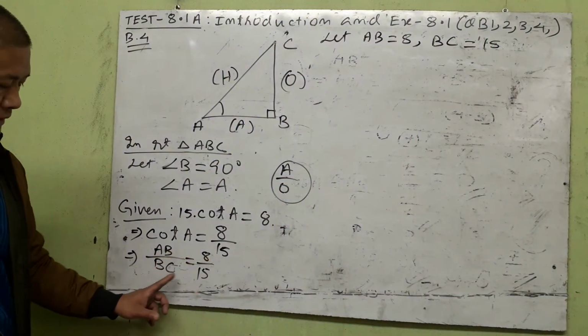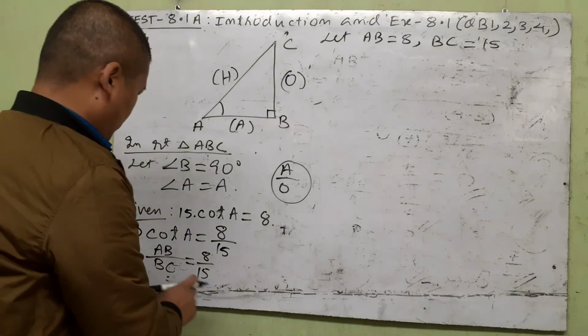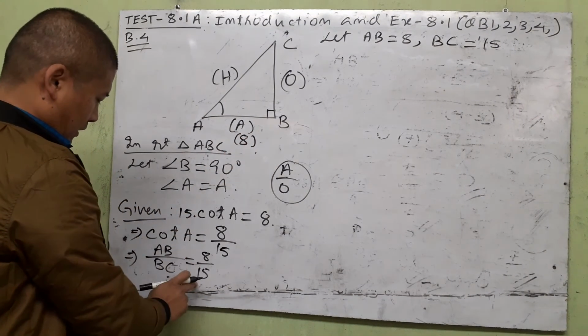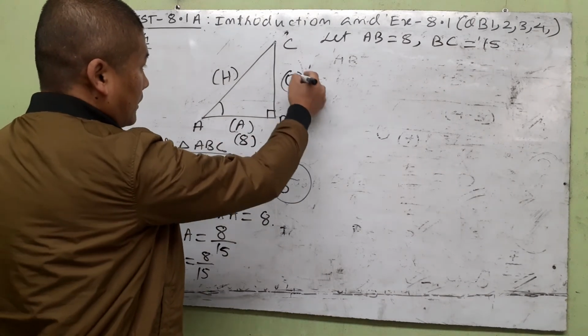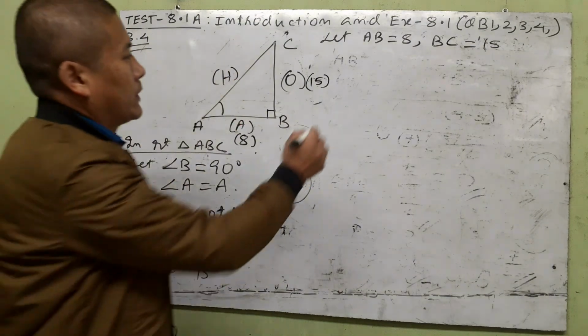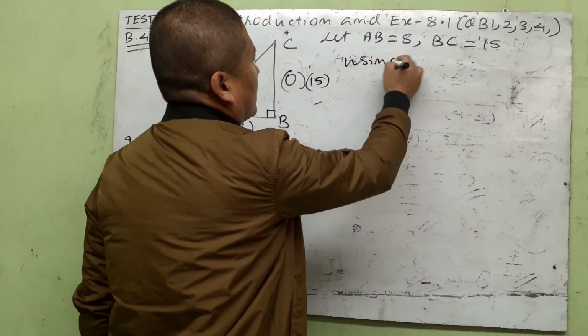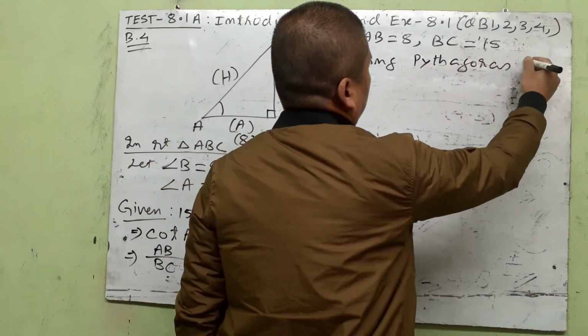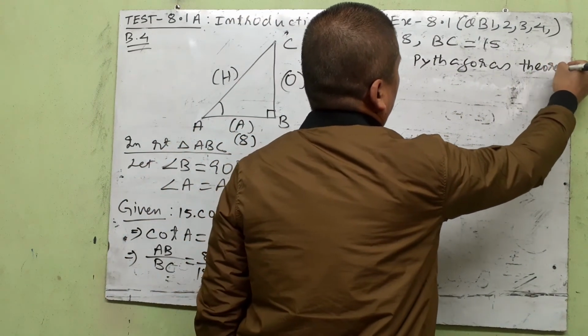So we have here AB 8 and here BC 15. We don't know AC, so when we don't know the third side, we have to find it by using the Pythagoras theorem.